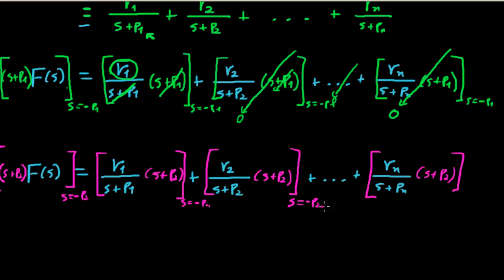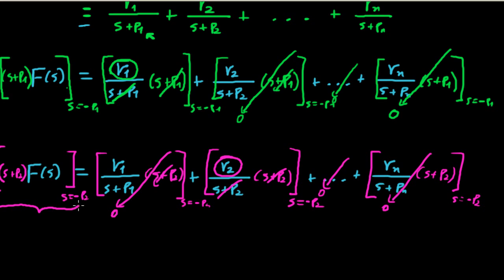Again, here minus p2 plus p2 is 0, so all this factor is 0. Here s plus p2 cancels out and we get r2, and all the rest of the factors are again 0. So here is the formula for r2.